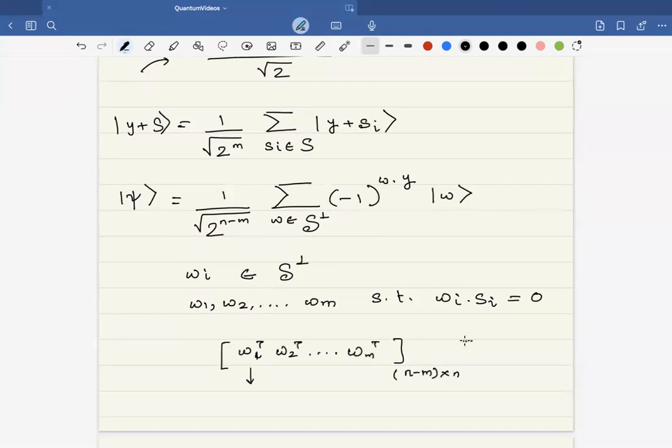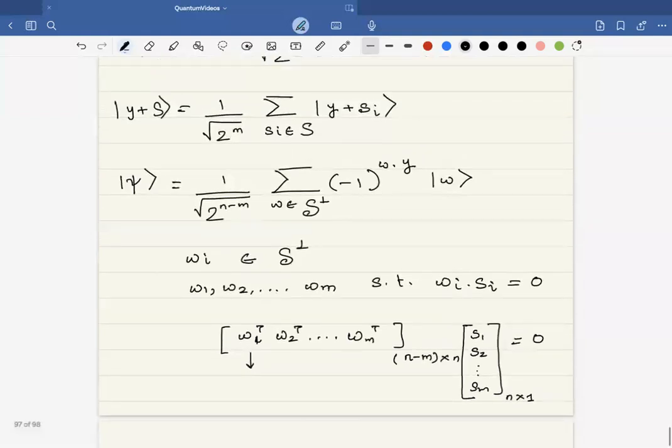And then we have S1, S2, Sm is equal to 0. So this is an n cross 1 matrix. So you get a set of linear equations just like before, and you can solve that to find these basis S1, S2, and Sm of S.